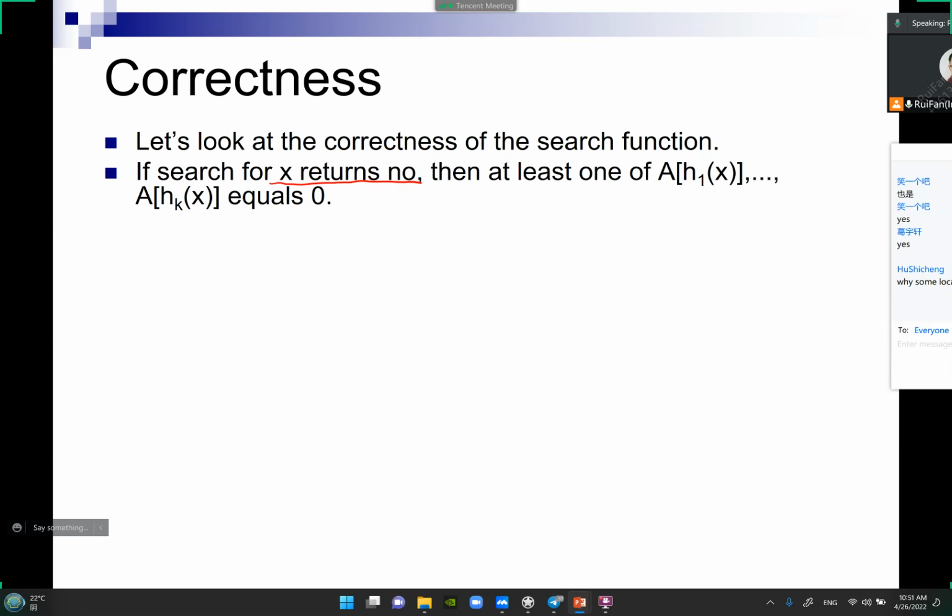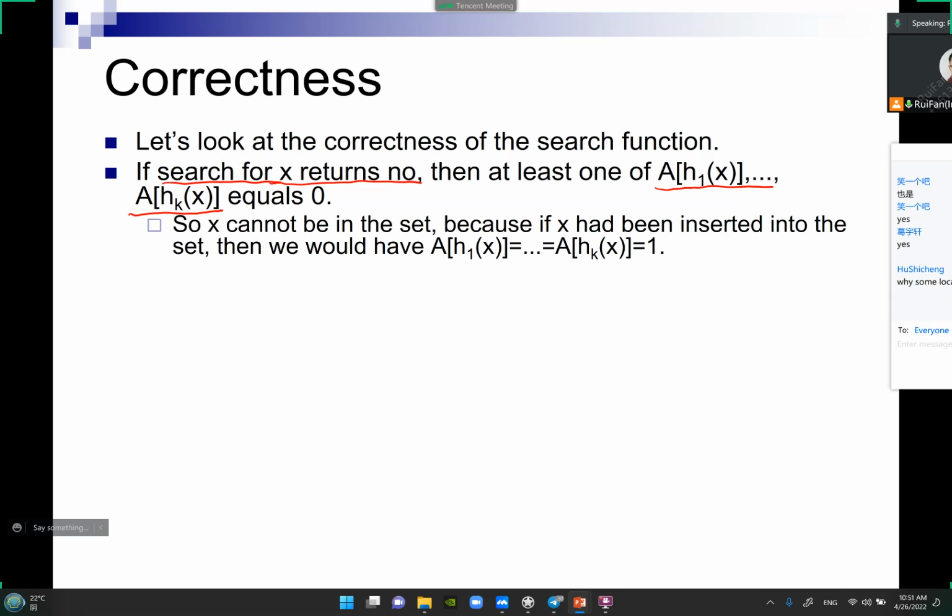This is true because if the search function says x is not in the set, then at least one of the locations that it checked was equal to 0, because if all the locations are 1, the search function is going to say x is in the set. But that means x cannot actually be in the set.